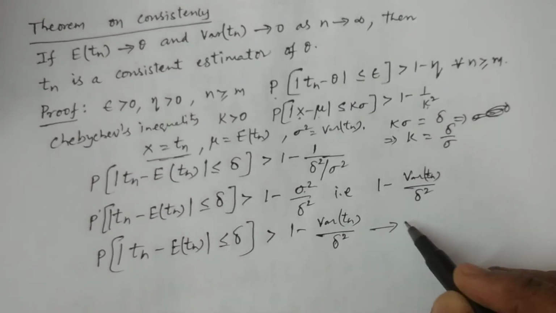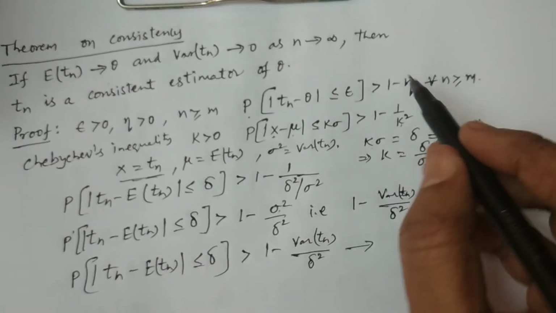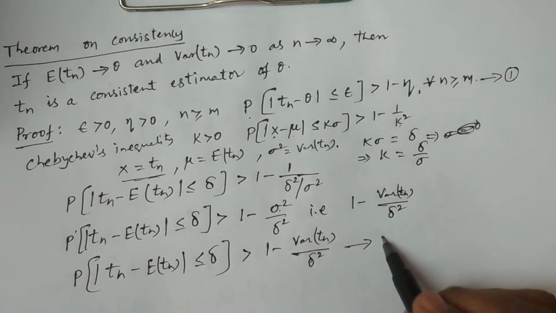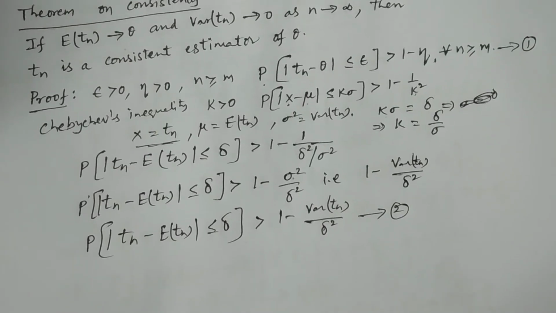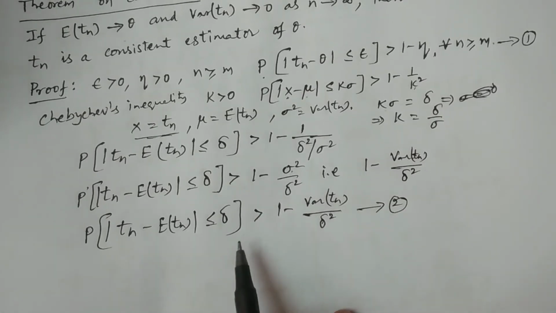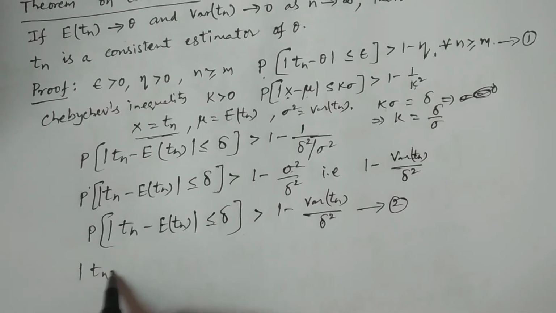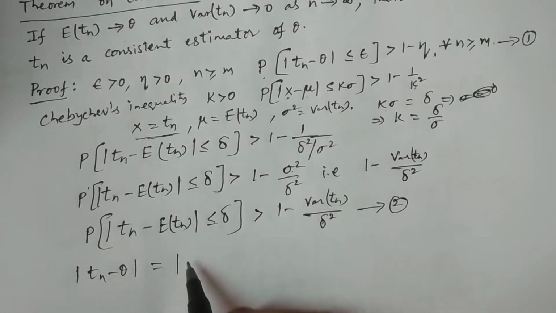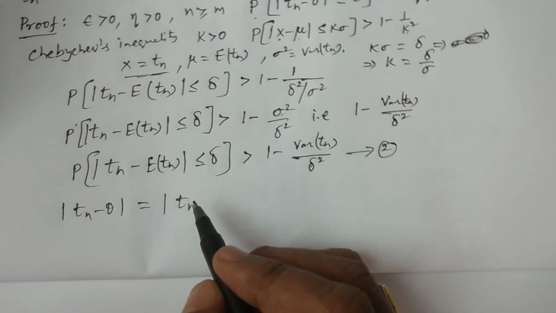Let us consider another equation. This is in general the definition; if you consider this as equation number 1 and this as equation number 2, we will see the remaining values. Now consider modulus of Tn minus theta, for which I am adding and subtracting expectation of Tn.